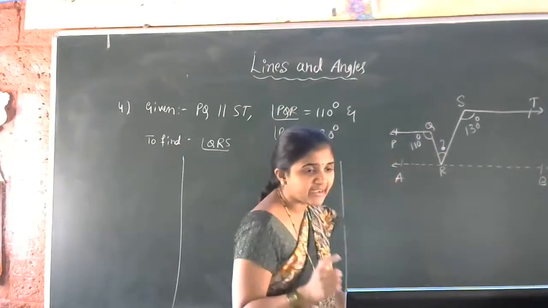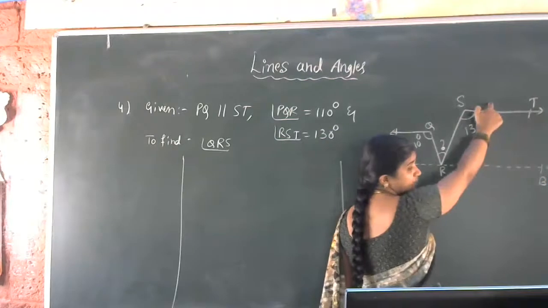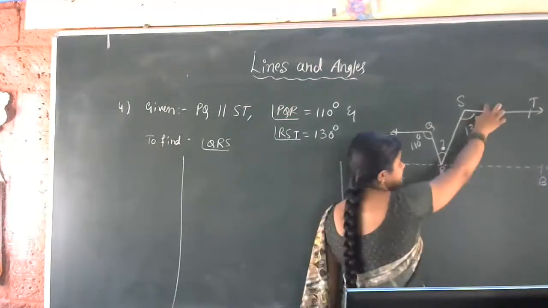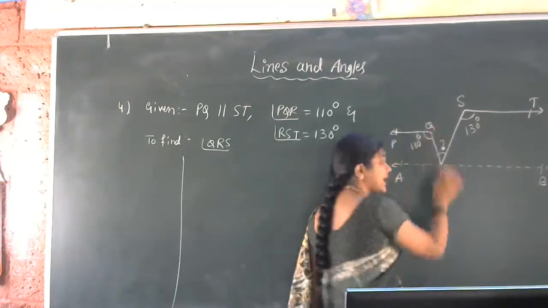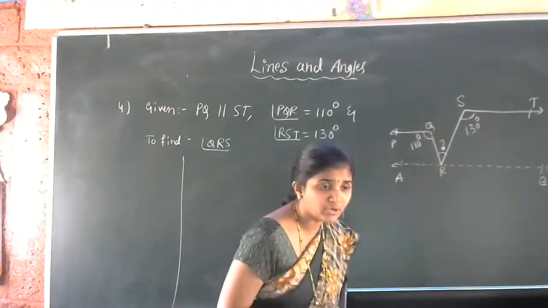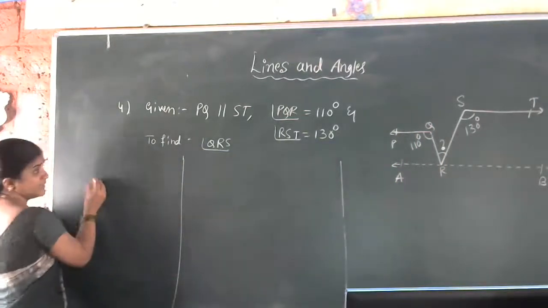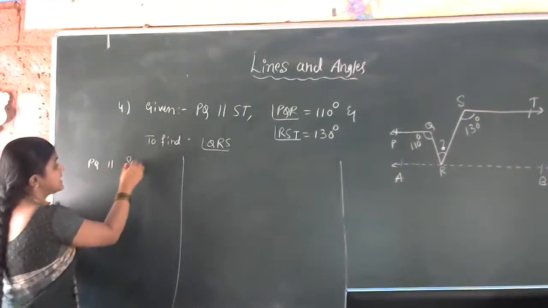So what we did actually: we drew one line parallel to the ST line through point R. So the ST line and the AB line are parallel, and the PQ line is also parallel to AB. First we'll write the data like this. PQ line is parallel to ST line.